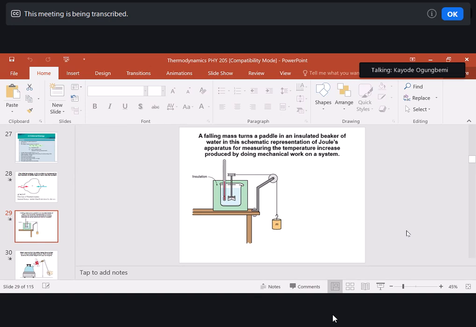When you remove it from that, it will not. So mechanical energy is one that is doing work into the system, and the temperature keeps on increasing, okay? So the apparatus for measuring the temperature increase produced as a result.